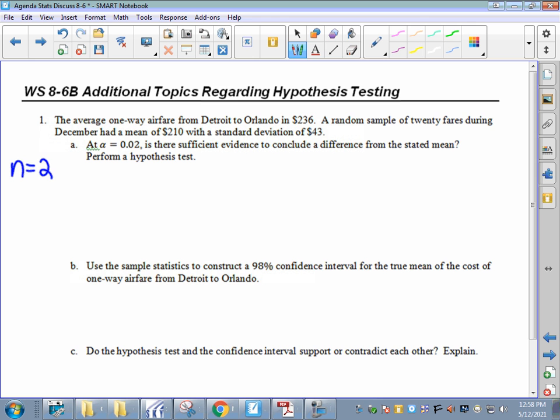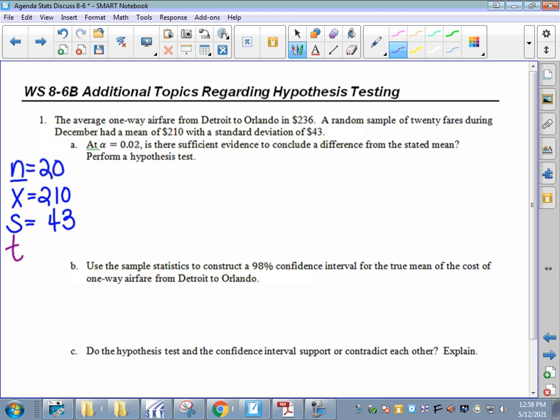I type out the number, so you have to actually read it. During December had a mean, so my sample mean is 210. And that standard deviation is referring to my sample, so I've got an s of 43. If I've got an s, that means I am using the t-table for my critical value, my t of alpha over 2 for my confidence interval.